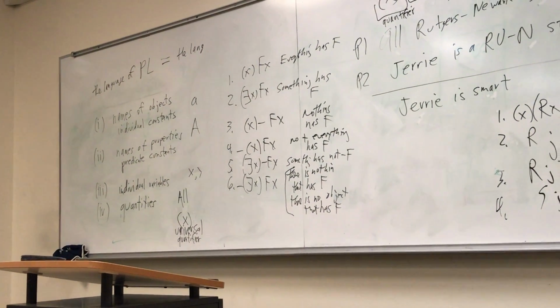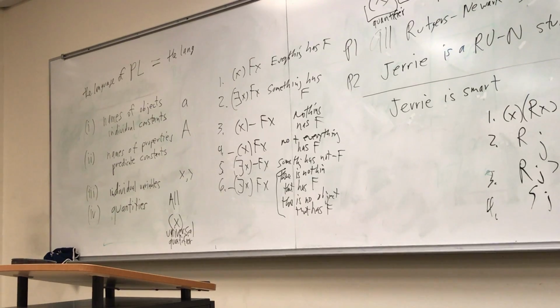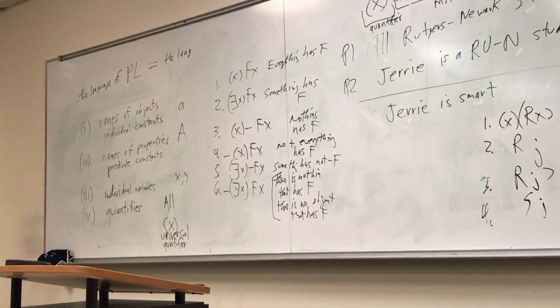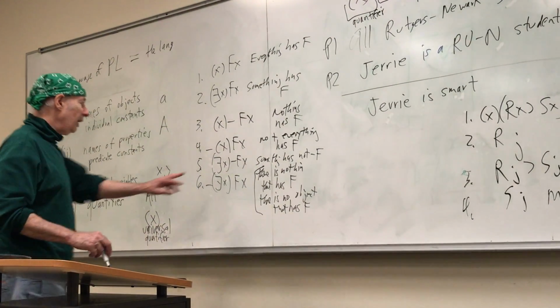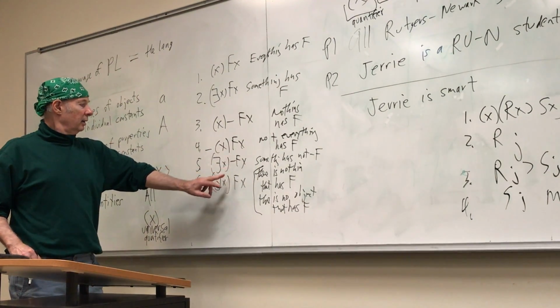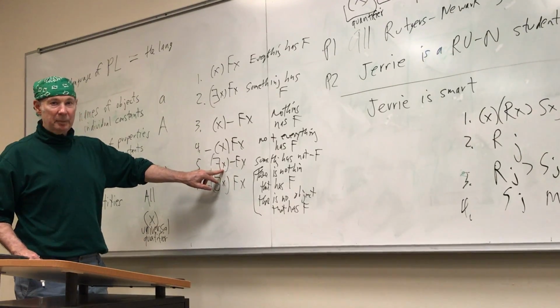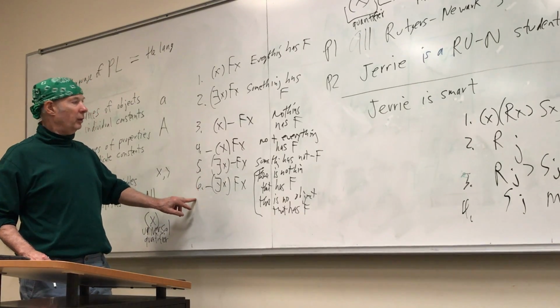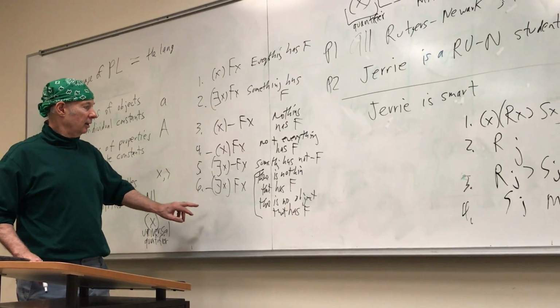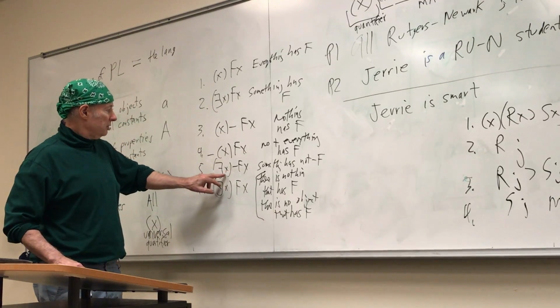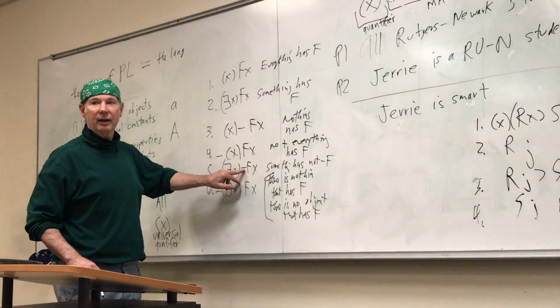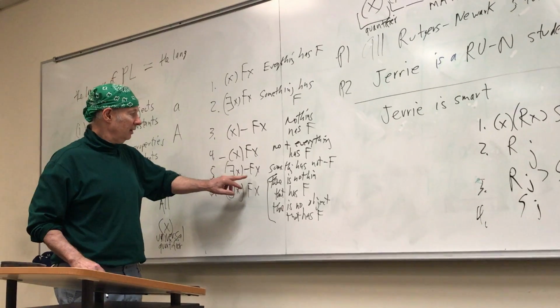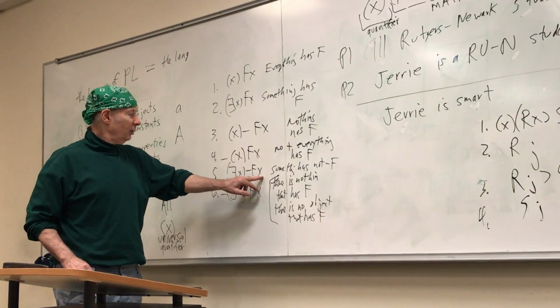No. Number 5 says something has the property not F. But you wrote not and a squiggle, so you negated yourself. In the justification, to the right. Something has not. In the sentence, on the right side. I don't see.